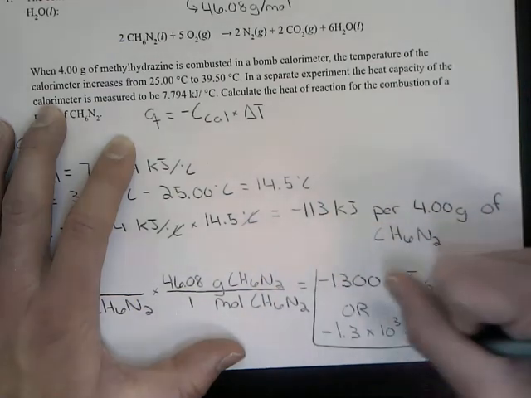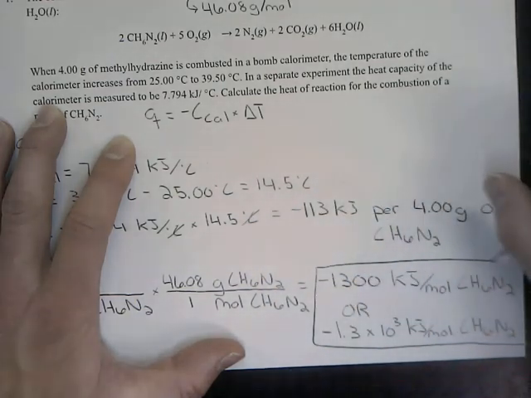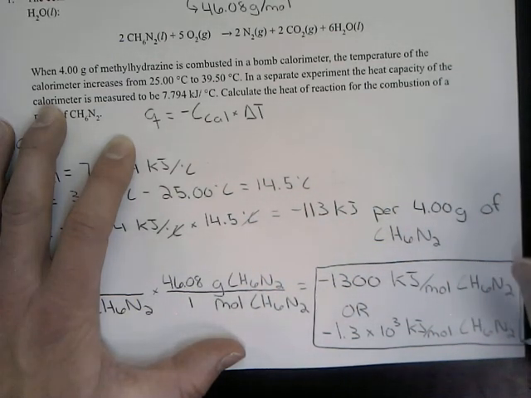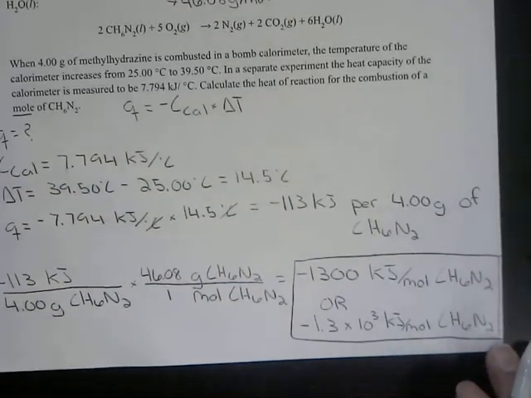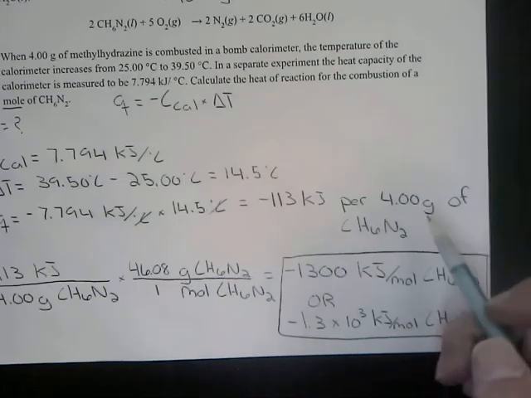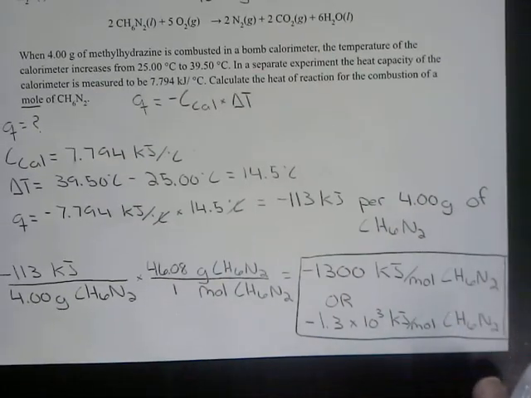That is how we solve bomb calorimeter problems, or utilize that formula. Again, go one step further, finding it not just in kilojoules per given grams, but kilojoules per mole. There have been a lot of calculations thrown at you in this episode. Take some time to review these notes, the formulas, and how to solve these, because that will be helpful in solving problems like this in the future.